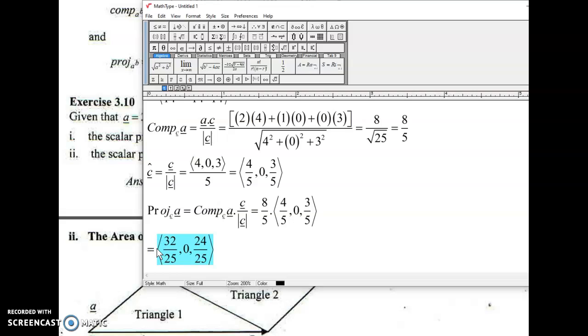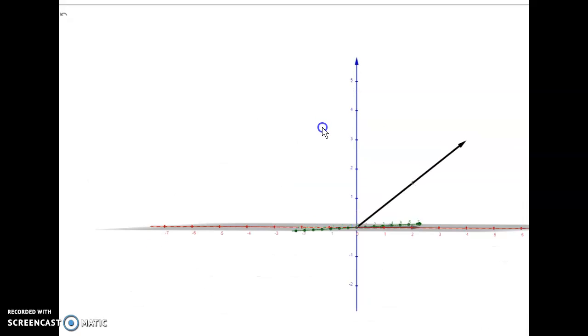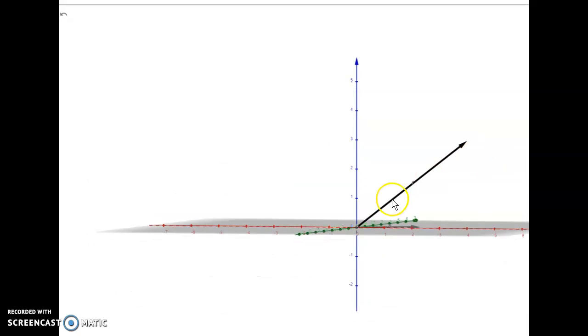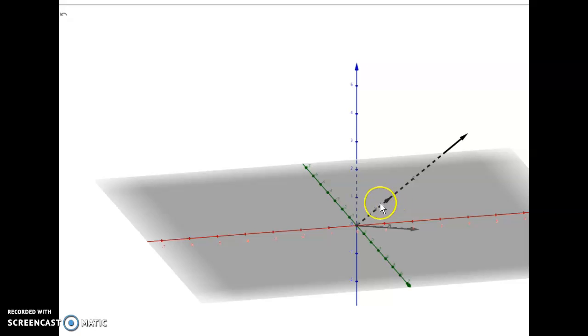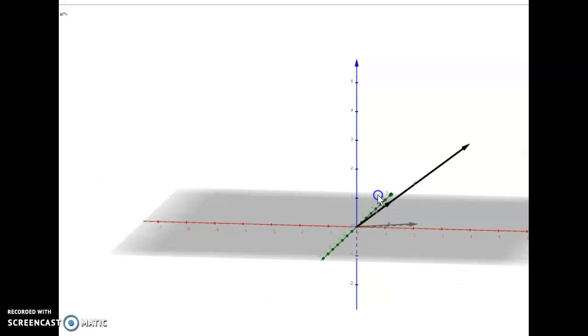Let's plot it into our graph to see whether it is the projection of A onto C. We have A and C here, so we expect the projection to be along this line, maybe around this area. Where is the projection? Let's plot it. Okay, that is it. That is the vector projection of A onto C. This is how you look at the projection. Thank you.